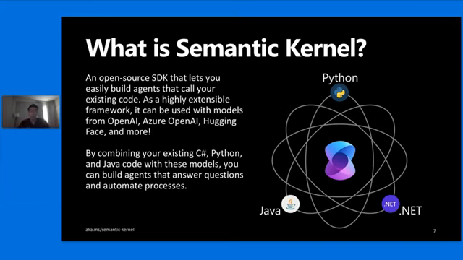So semantic kernel, as you see here, we can connect to a lot of services, like OpenAI, Azure, Google. Everybody that has a service for AI, most of them are supported by semantic kernel.